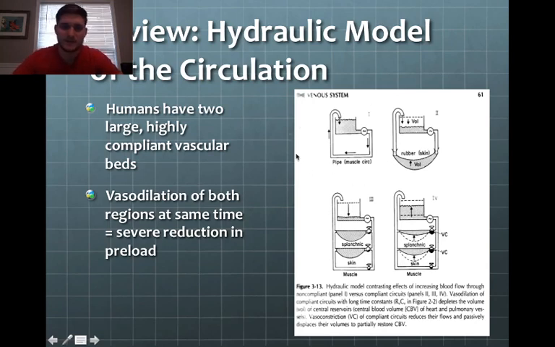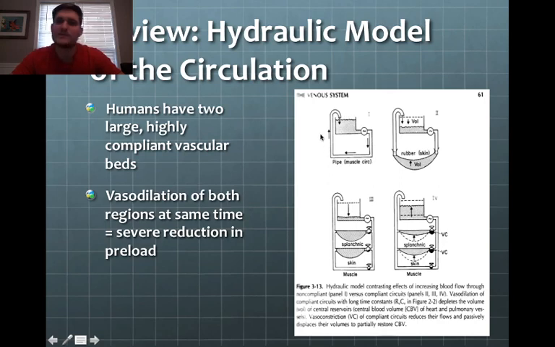We could see here the hydraulic model of circulation. If this is our pump here, and we had a tubing that just continuously went from that pump, in our case our heart, all the way back. So here's how it works. You can consider this like your left ventricle, and blood is going to be pumped out.